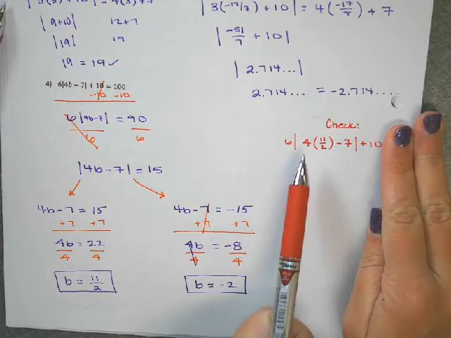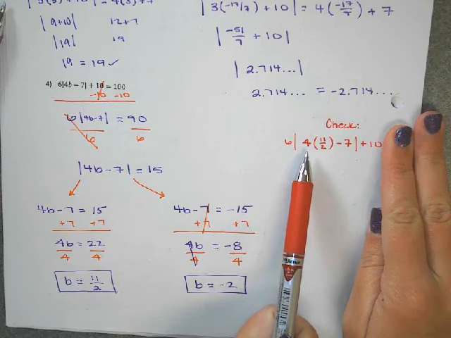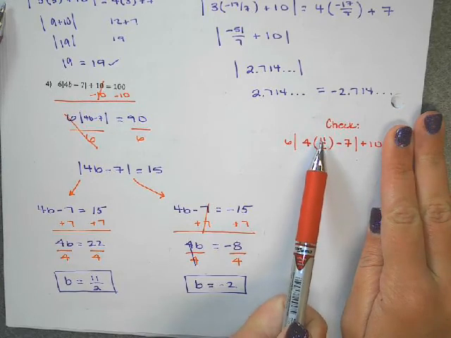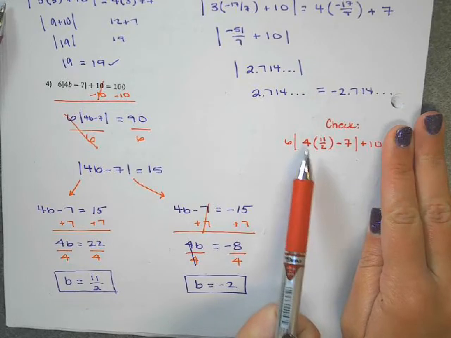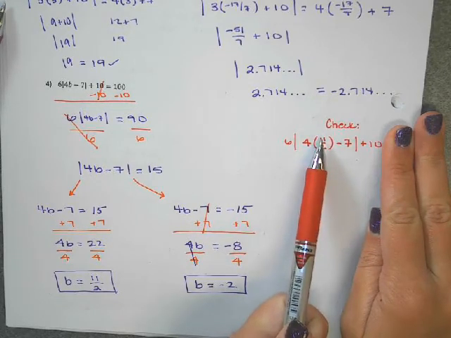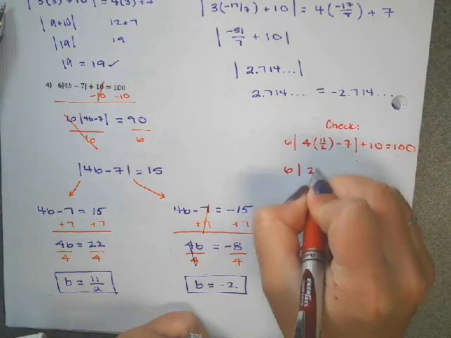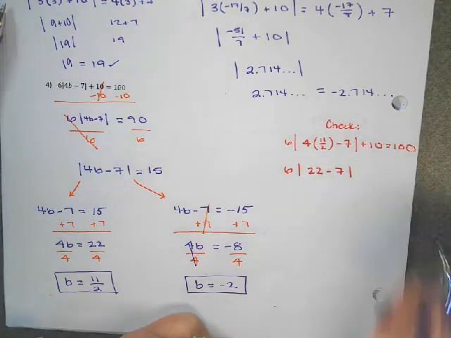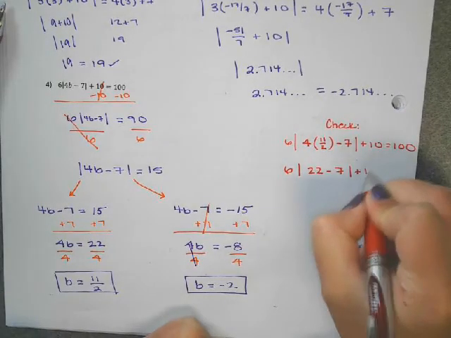We'll have to do the multiplication first, and then subtract. So this will be 4 times 11 divided by 2. So 44 divided by 2 is 22. So that actually worked out nice. Plus 10 still.